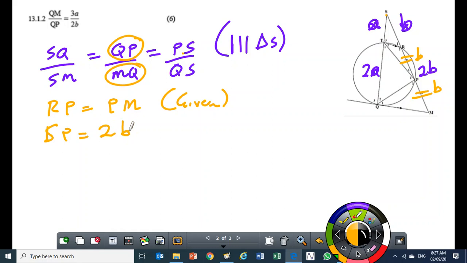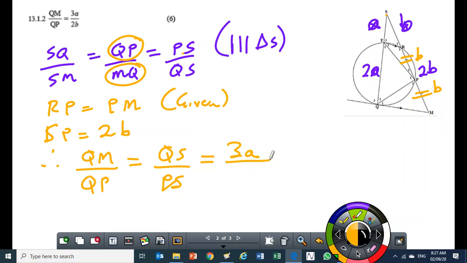Okay, therefore, from here, if I take my QM over QP, that must be equal to, so my QM is that one, equal to QS over PS. Okay, so this QS is equal to 3A. Okay, based on my diagram, and my PS is going to be equal to SR plus RP, which is equal to 2B. Okay, so it's fine now.